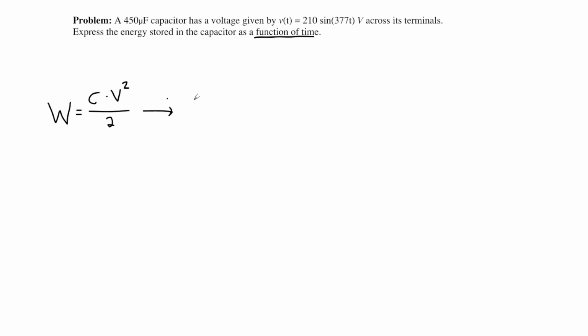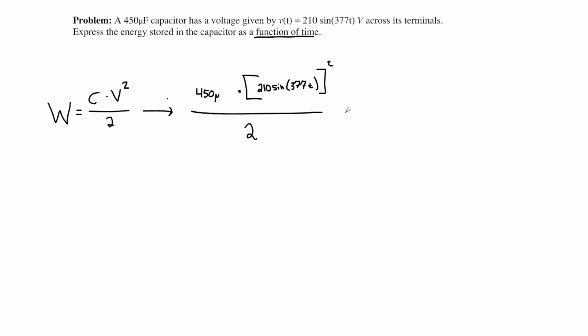We are given these values directly from the problem, so we can simply substitute in our capacitance of 450 micro multiplied by our sinusoidal voltage, 210 sine of 377 t. And this voltage is squared, and this is divided by 2.